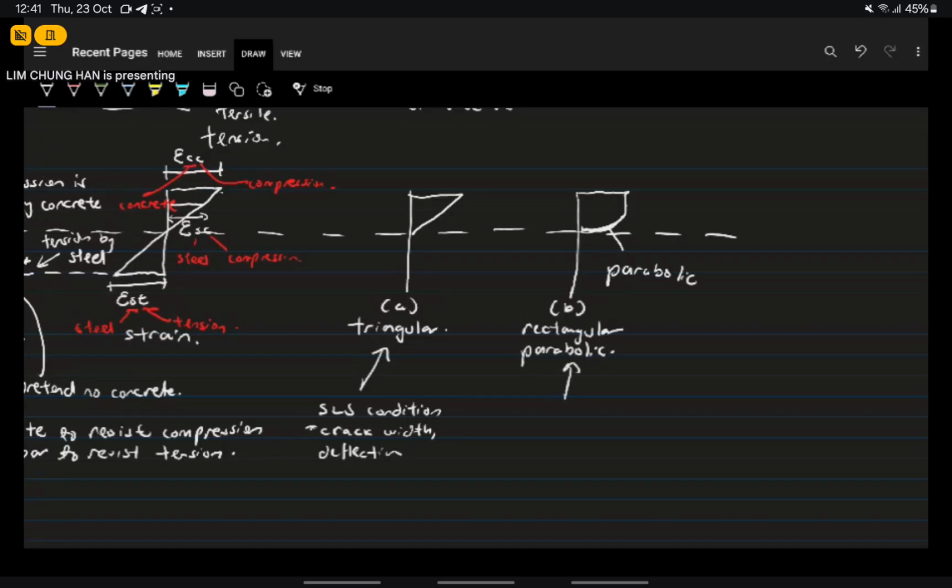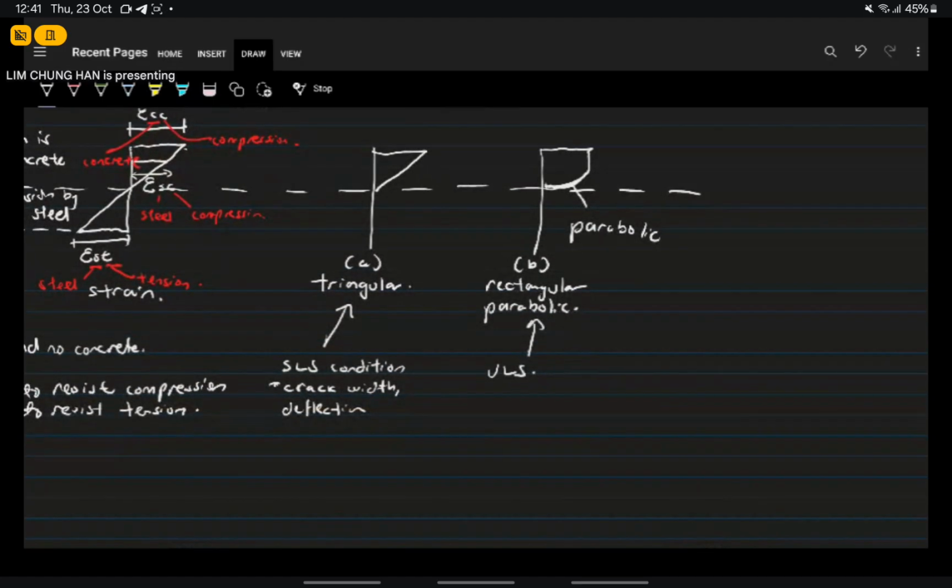This is used for ULS design to represent stress distribution at failure. So when we design at failure, we can prevent the failure. We need to know when it's going to fail, then we design to prevent that failure. That's why we always design at failure.